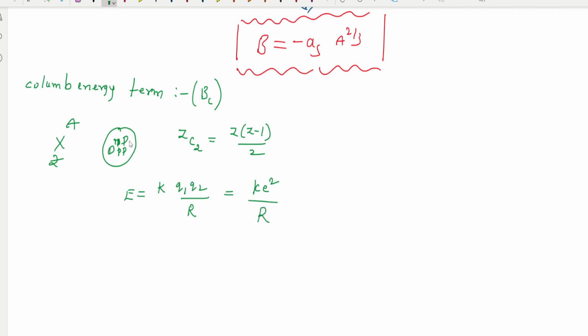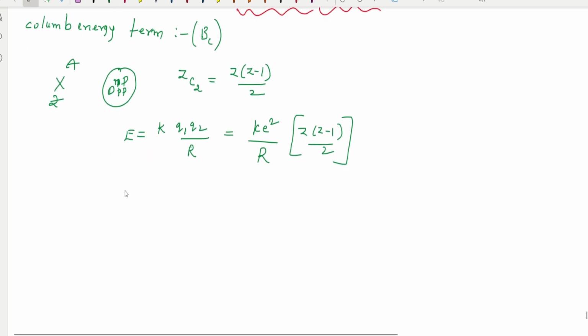In place of Q1 it is e plus, right? In case an electron is there, we can use minus e. Proton is plus e, so e square. Then how many pairs are there? Proton pairs, Z into Z minus 1 divided by 2.